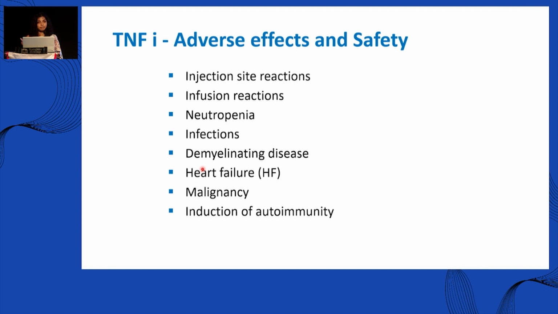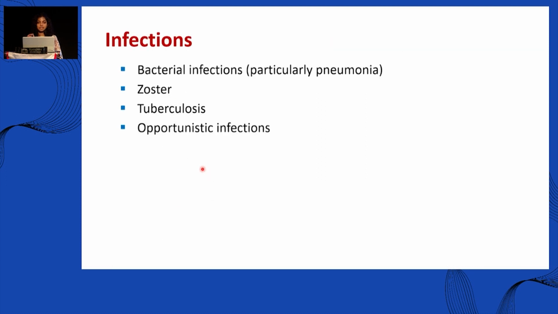There's a risk of malignancy that has been associated primarily with hematological malignancies and non-melanoma skin tumors, and infections. This is the most important thing in our context, I would say.